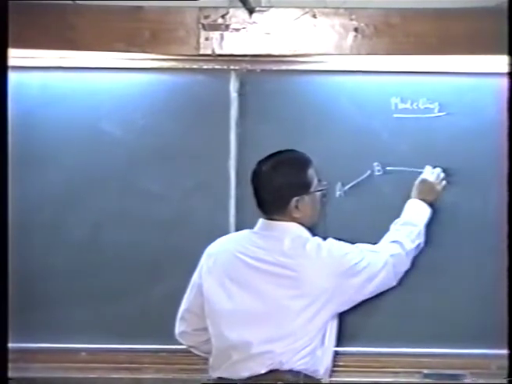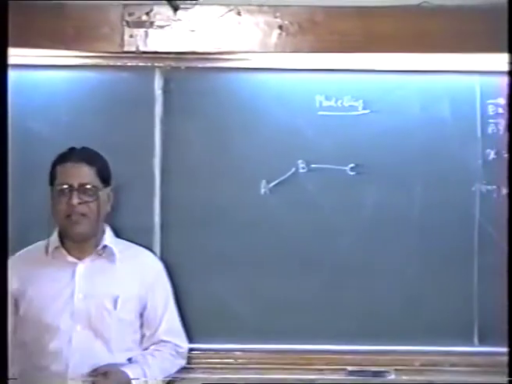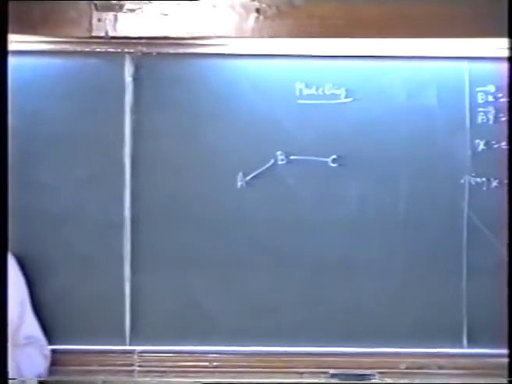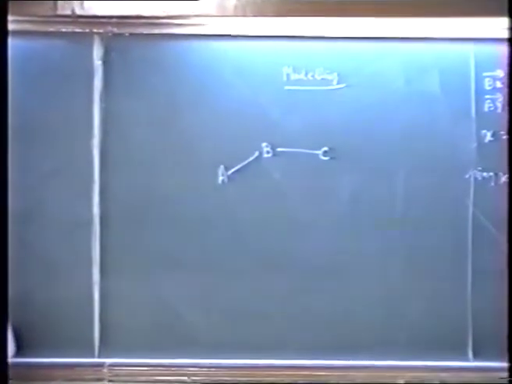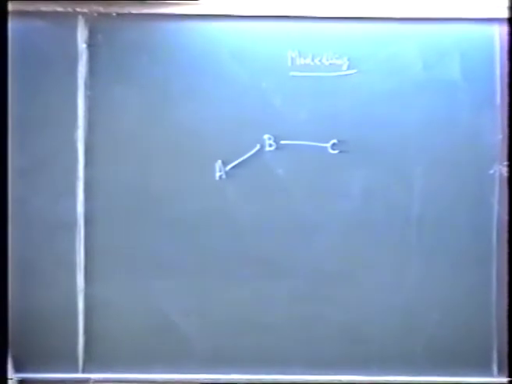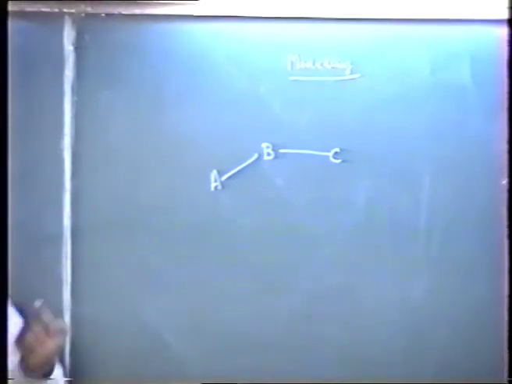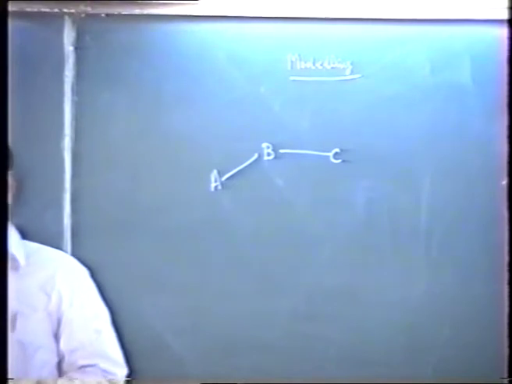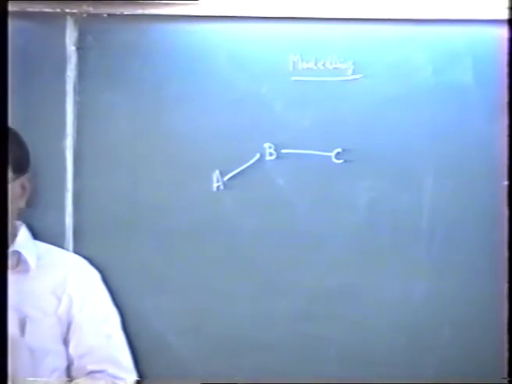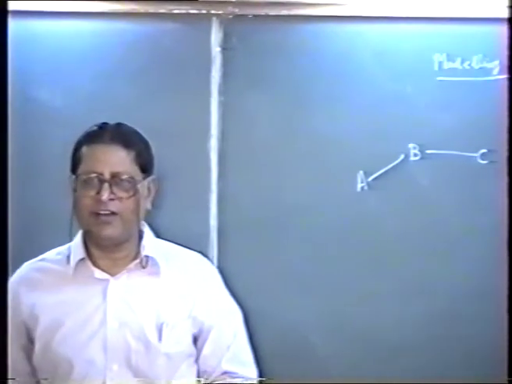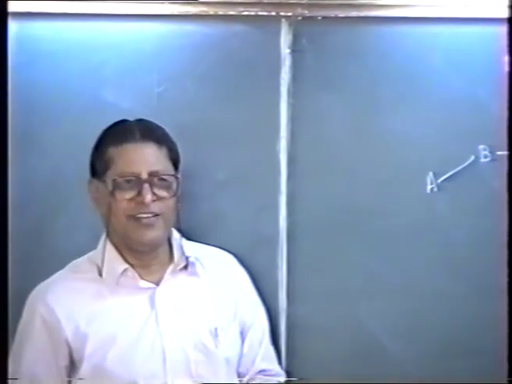So, you take some system, first ABC. We have so far addressed the question, if there is an ABCD system, how to find the torsion angle. Now I am going to put the cart before the horse, and turn it around and make the cart the horse and the horse the cart.